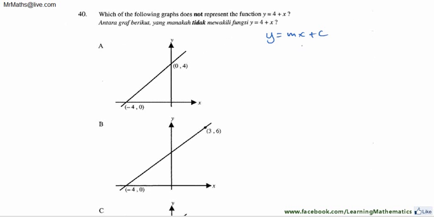Sorry, c is the y-intercept, and m is the gradient.